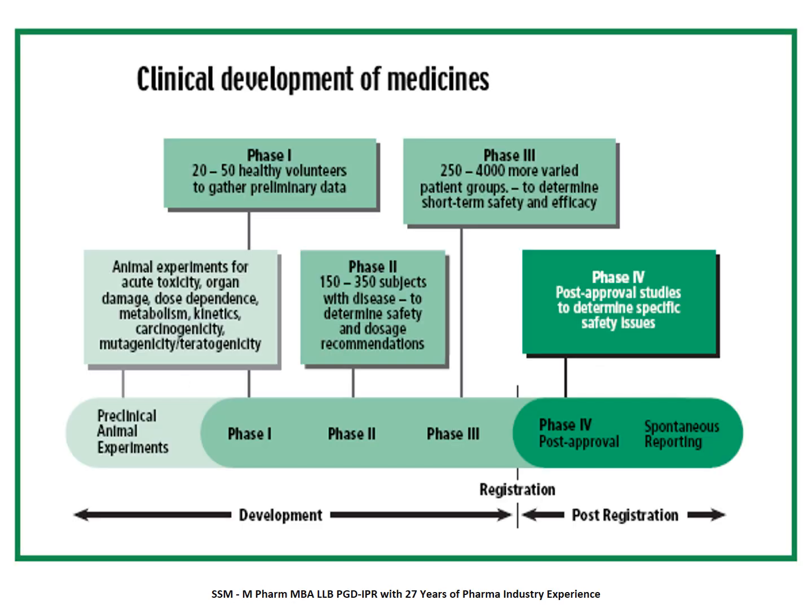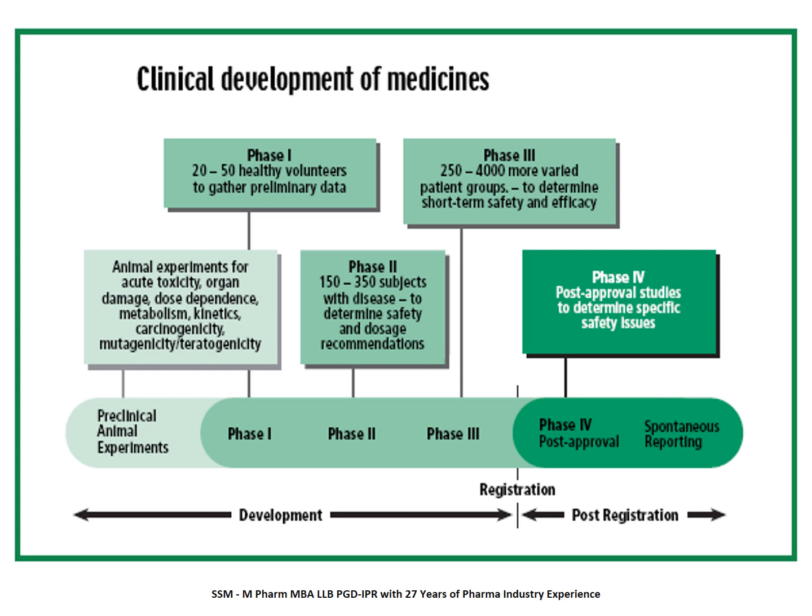Pharmacovigilance covers both pre-marketing as well as post-marketing phases of drug development. Clinical development of a medicine starts with preclinical animal experiments, including studies on acute and chronic toxicity, carcinogenicity, mutagenicity, or teratogenicity. Then phase 1 trials are done in a small number of healthy volunteers to generate preliminary safety data.